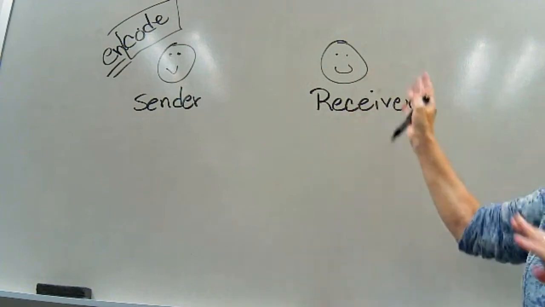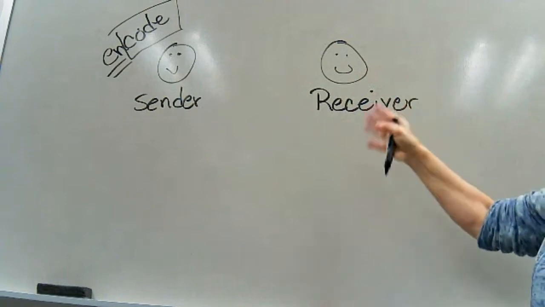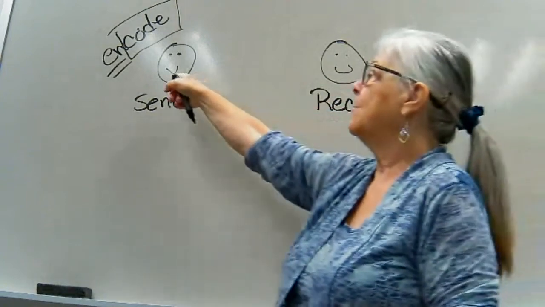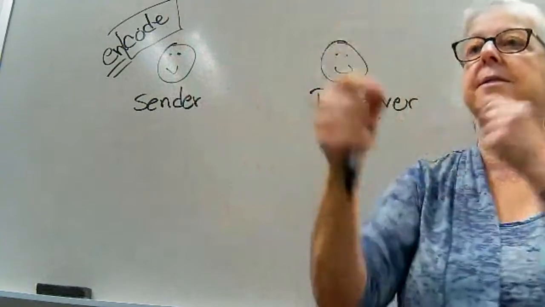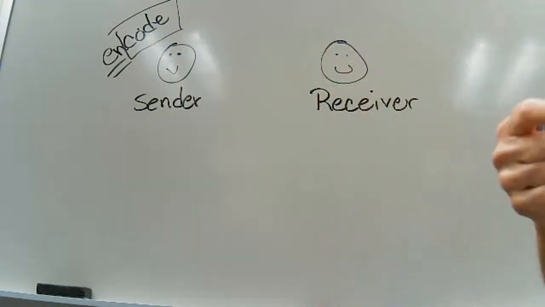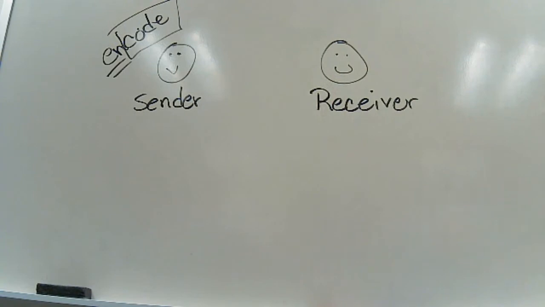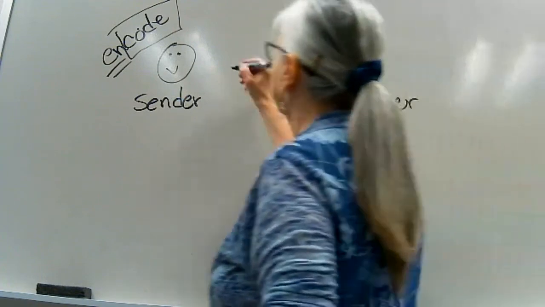So there's lots of different stuff we'll cover in a moment, but for right now, just recognize that I am going to create a message based on putting letters or words or numbers or hand gestures or whatever it is together to send a message, right?